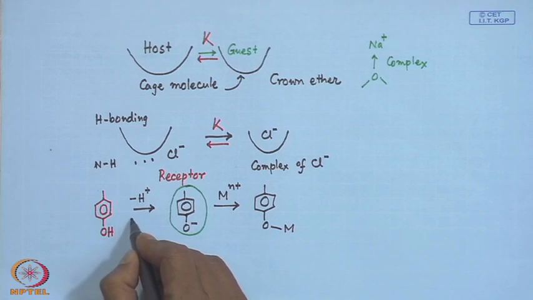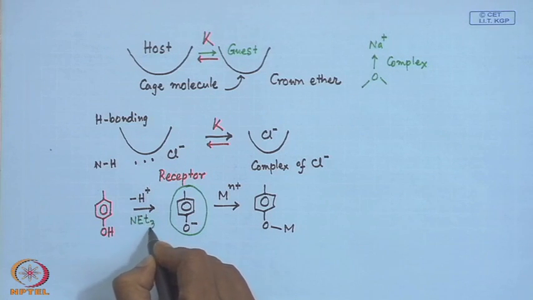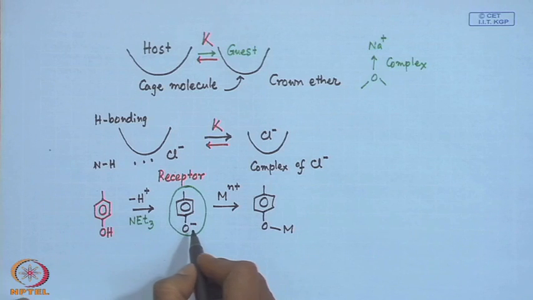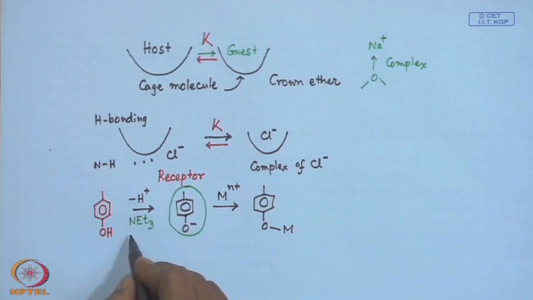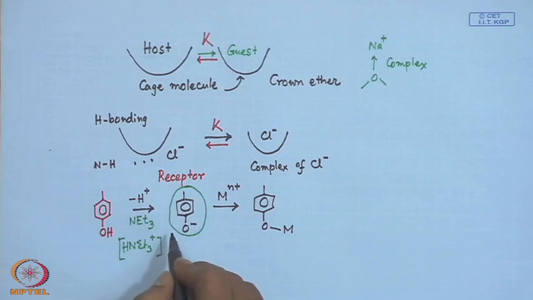For deprotonation we use some organic base, say NEt3, and NEt3 can take up the proton, forming the triethylammonium ion, NEt3H+. This triethylammonium ion will be there and will be free.